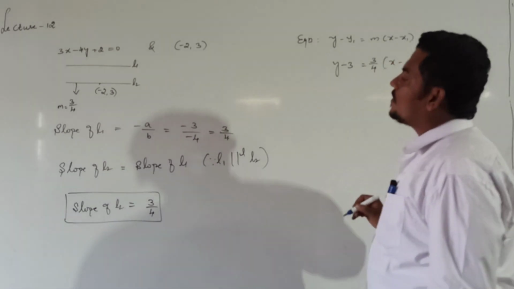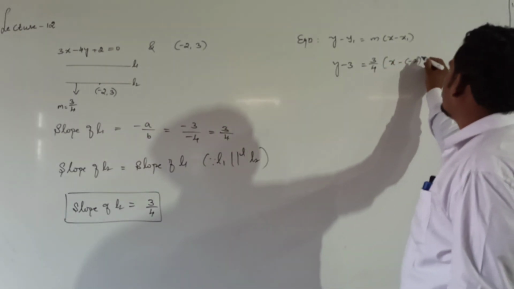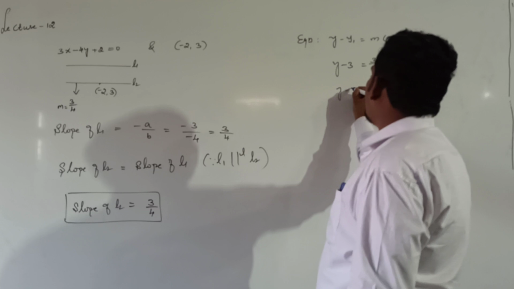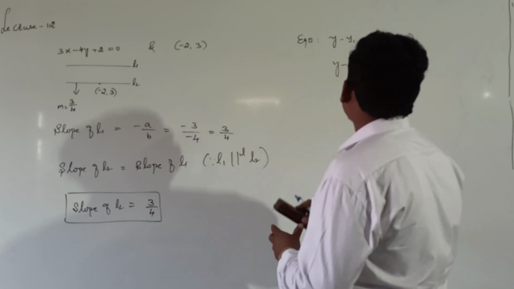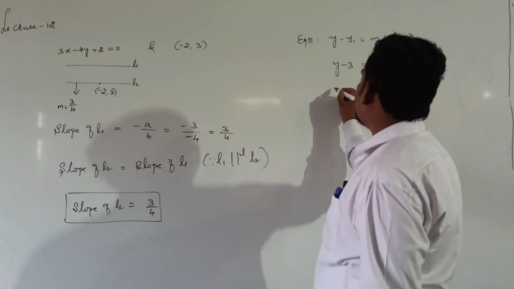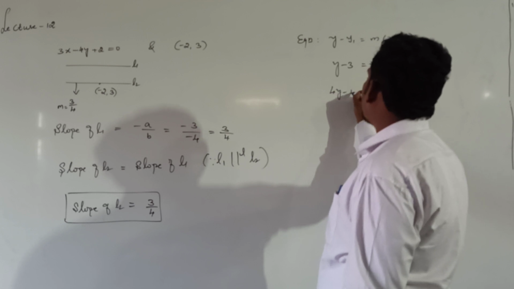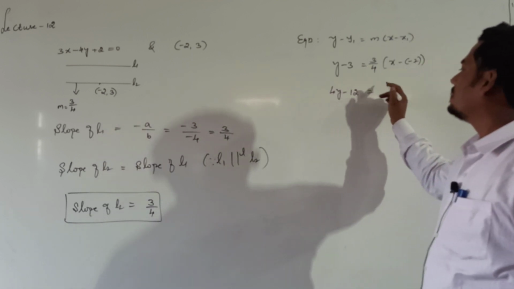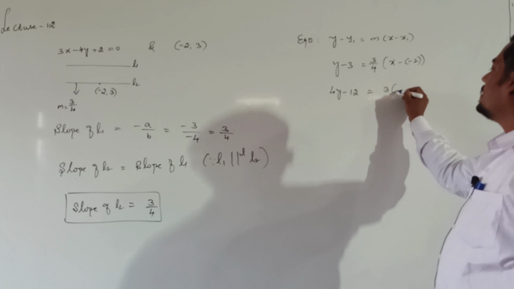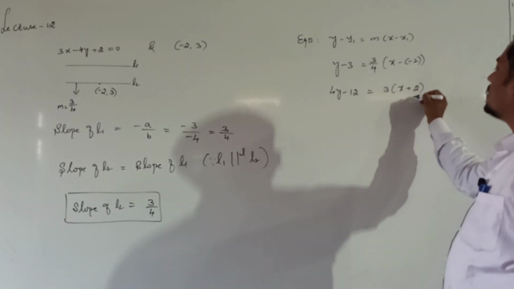Do x minus x1, then y minus 3 is equal to... or else, denominator cross multiplication: 4y minus 12 is equal to 3 into x plus 2, right?